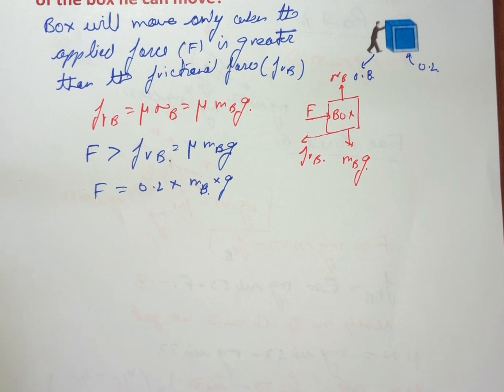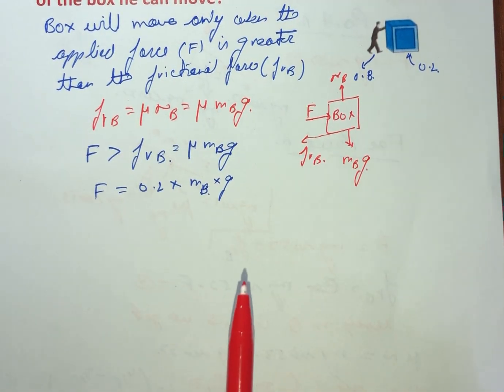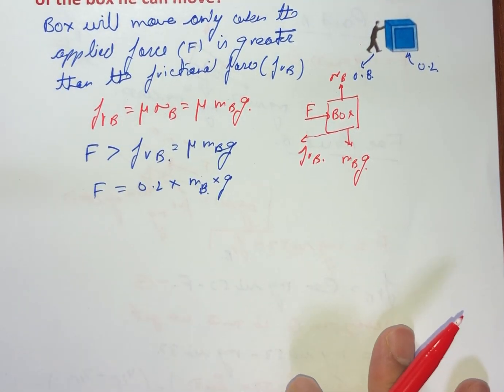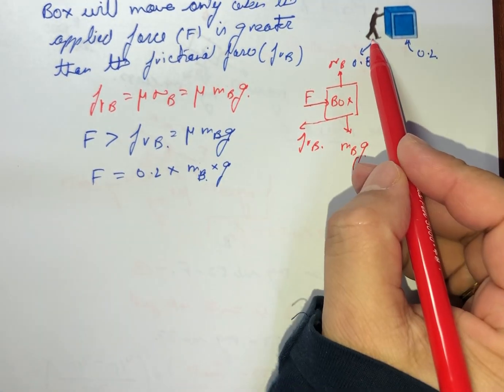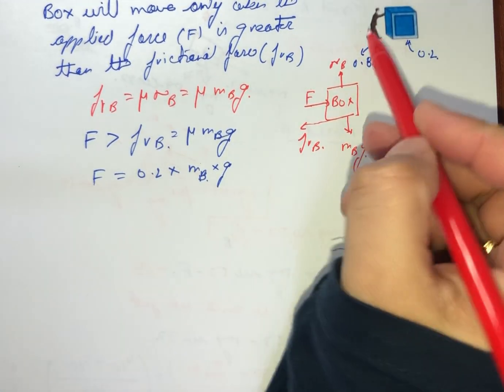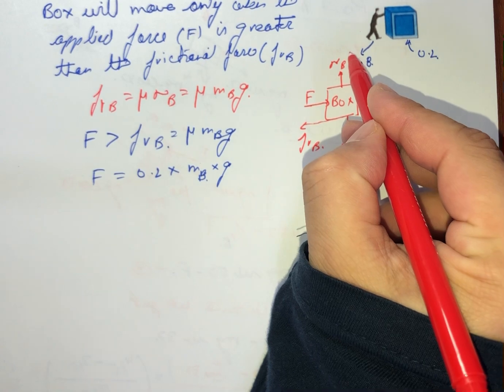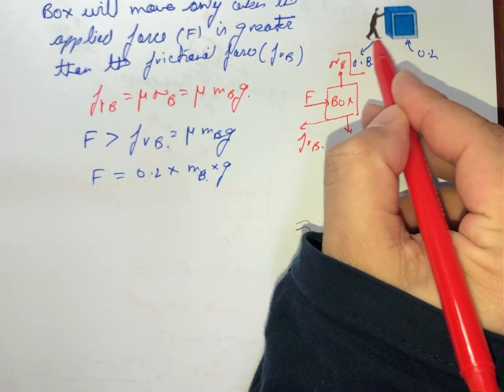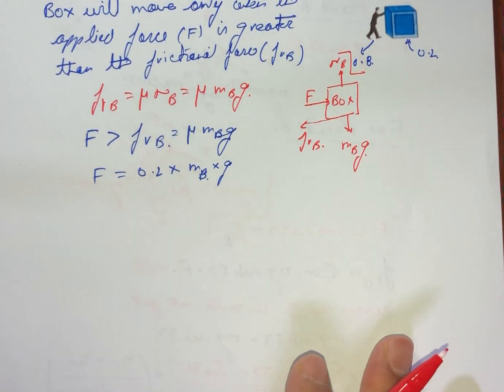Now let's consider the man. Now if the man is able to push the box, there should be no slipping between the shoes and the floor.